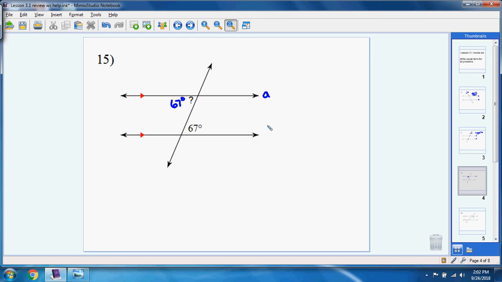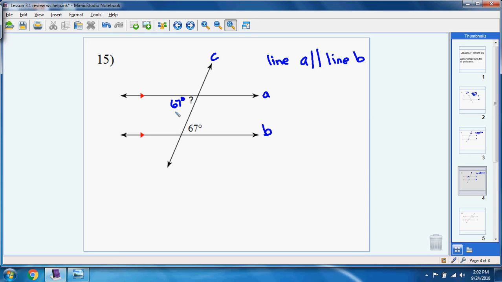Another way that they can say that they are parallel is it would say line A is parallel to line B. And sometimes it would actually say line A is parallel, again, like train tracks, to line B. This is our transversal C. Based off that information, line A, line B, and the transversal, those are automatically congruent, 67 degrees. So you have half of the answer.